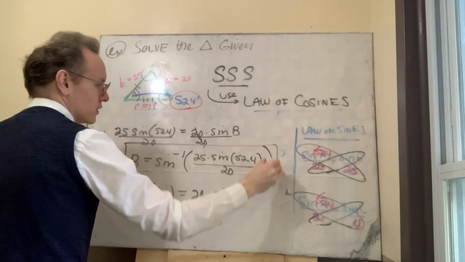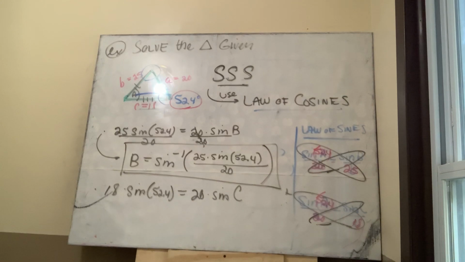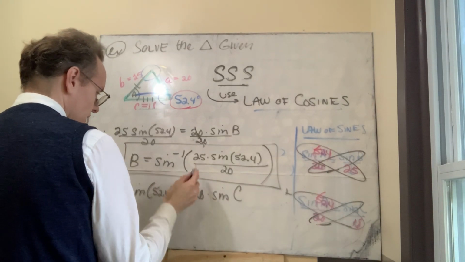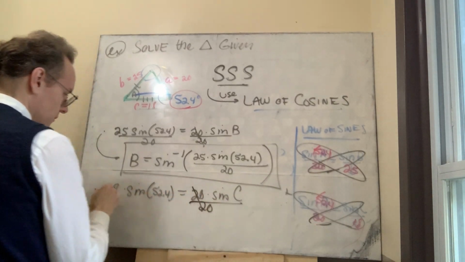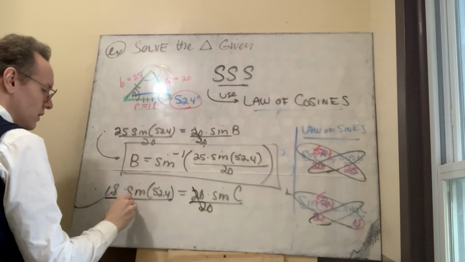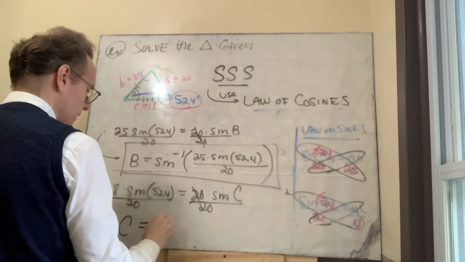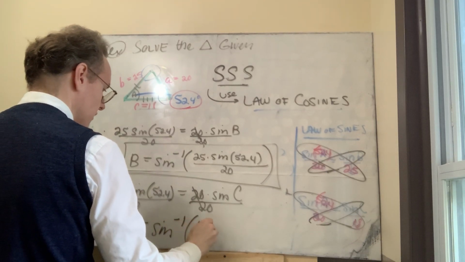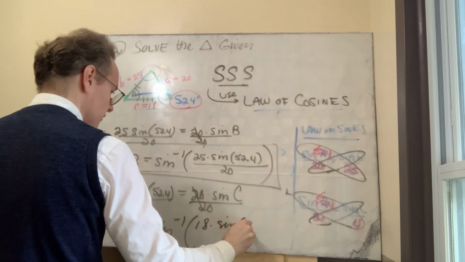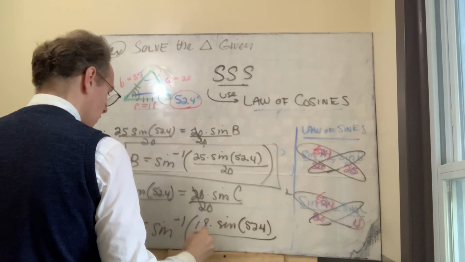Enter this into your calculator, and it's almost the same thing, just using a different number here. In this case C would be equal to the inverse sine of 18 times the sine of 52.4 over 20.